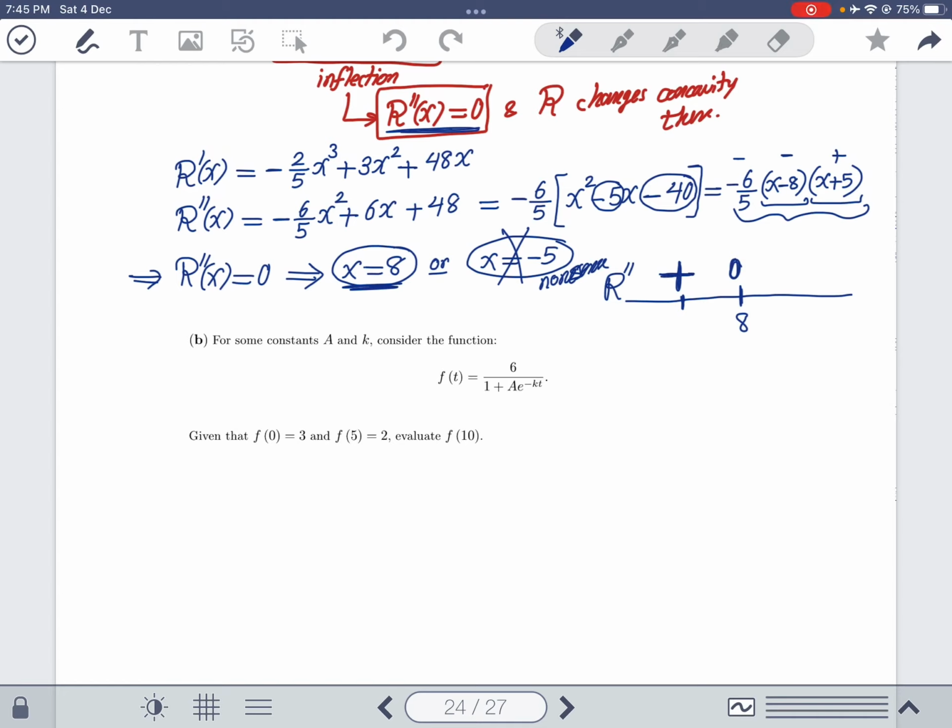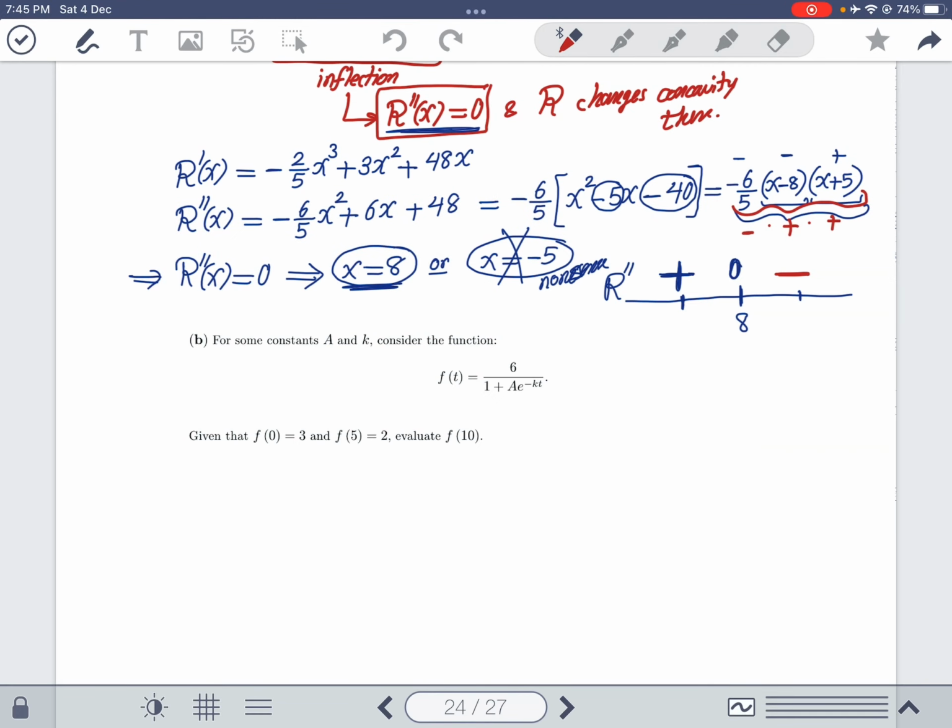So R double prime is positive, less than 8, and then after 8, pick any number, 10 for example, and substitute it in the formula here. You'll get negative, and then 10 minus 8 is positive, and 10 plus 5 is 15 positive. So when you multiply negative times positive, you get negative.